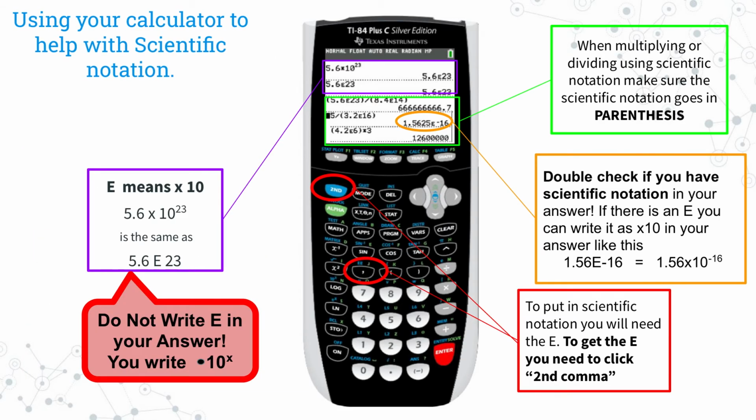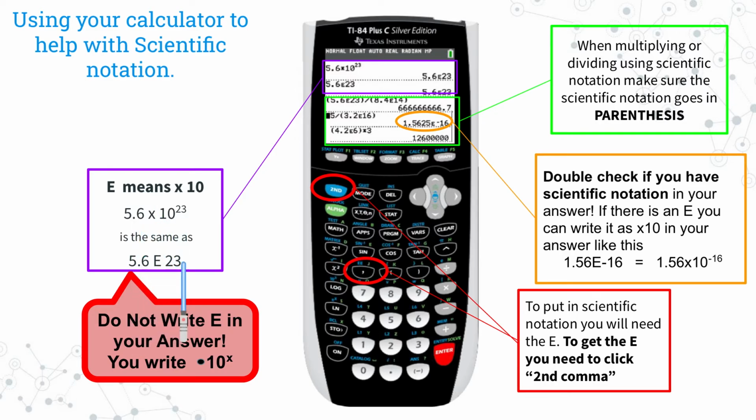So, using your calculator with scientific notation. Here's the TI-84 Plus C Silver Edition. You should all have the app installed on your Chromebook from math class. This E here, E to the 23rd, means 5.6 times 10 to the 23rd.